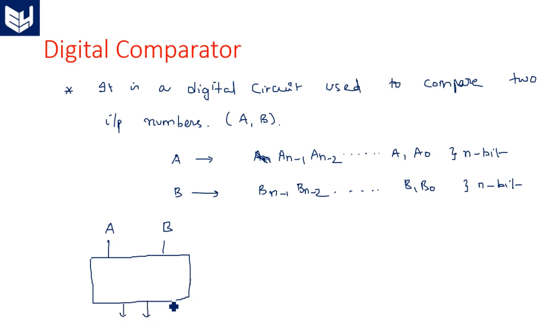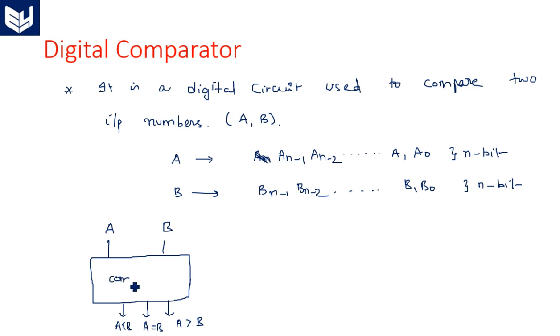There are three possible outcomes for any comparator. One is a less than b, or a equal to b, or a greater than b. These are the three possible outcomes when you compare two numbers.